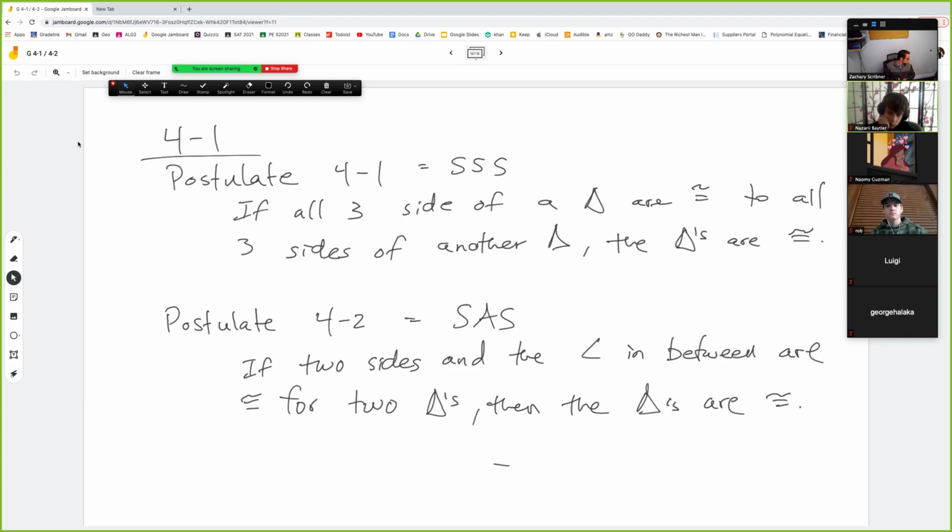All right, so there's postulate 4.1 and 4.2.